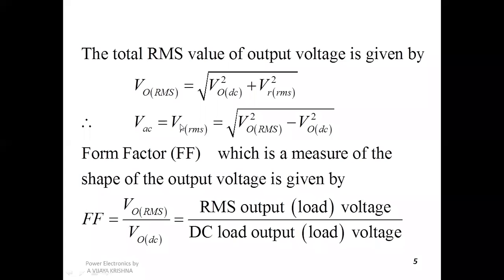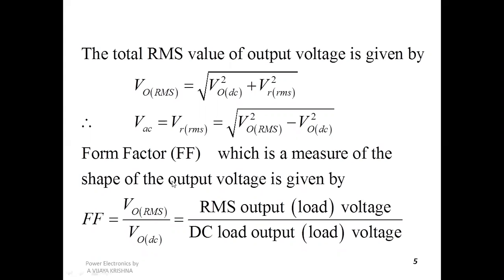The total RMS value of the output voltage is given in terms of both AC and DC, because the ripple voltage is also included. Therefore, V naught RMS is equal to under root of V naught square plus V RMS square, that is V DC square plus V RMS square.